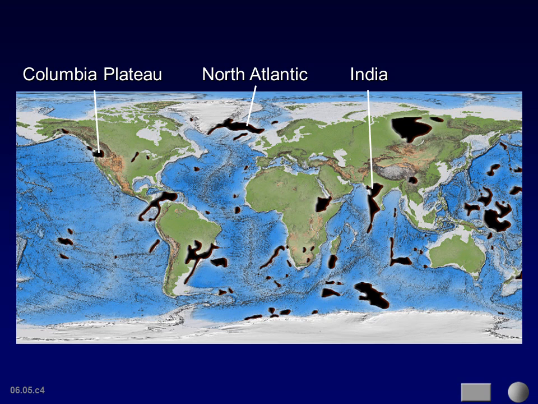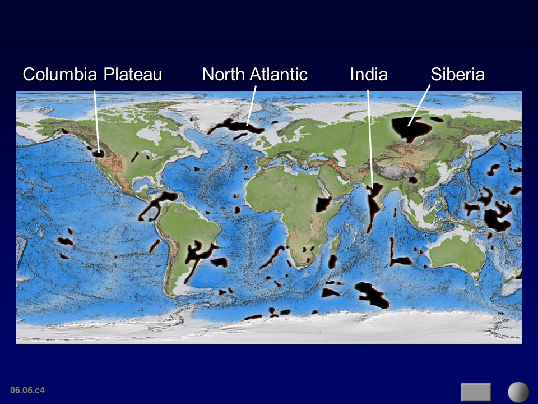The next one is in India. These are the Deccan Traps, erupted at the same time as the extinction of most of the dinosaurs 65 million years ago. So it's thought that there was a combination between this increase in volcanic activity, a major meteor impact, and the death of the dinosaurs.